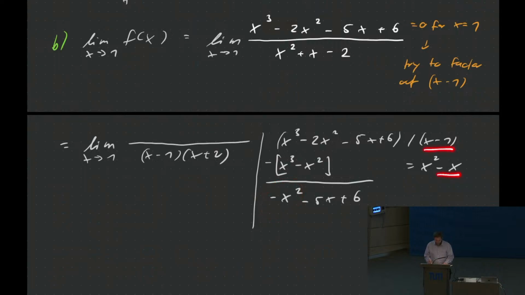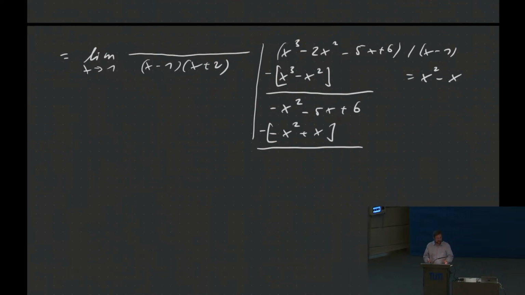If we multiply minus x and this x minus 1 factor, we get minus x squared plus x. And again, we subtract that. So we get rid of that minus x squared. And we get minus 5x minus x, that's minus 6x plus 6.